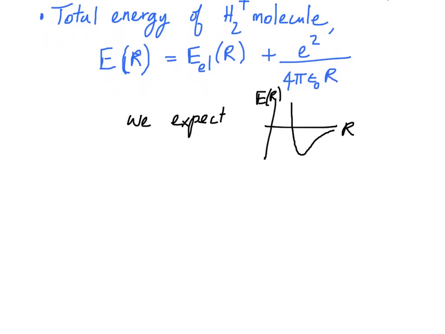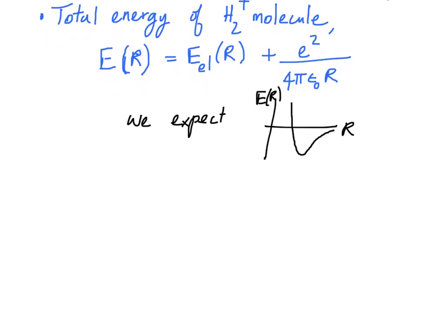How are we going to get to our E_L, the electronic part of the total energy? In order to do that, of course, we need to solve the Schrodinger equation, and we are going to suggest a form for our wave function, psi of r.